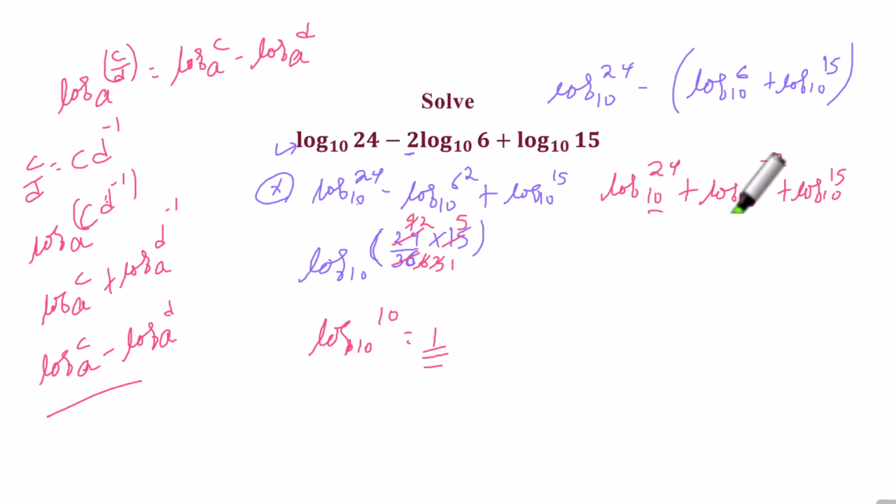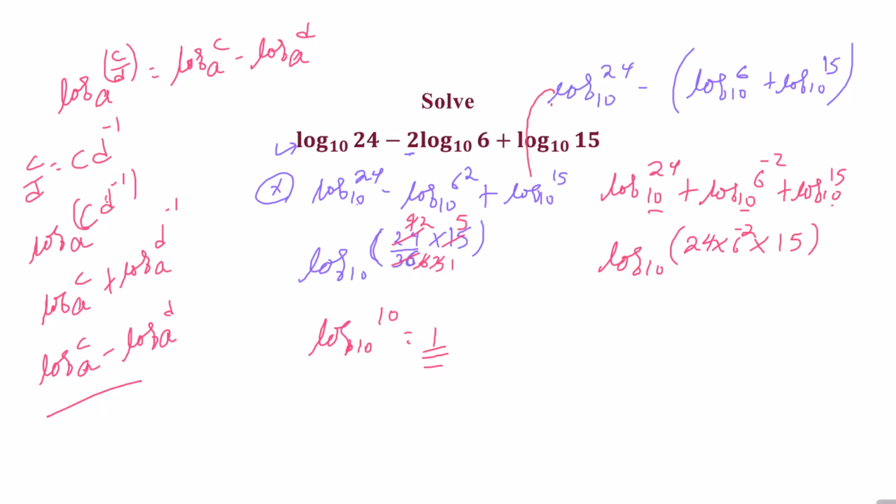Therefore, the base is similar here, so we can write logarithm base 10 of the product: 24 times 6 to the power of minus 2 times 15. Yes, 6 to the power of minus 2 means over 36.